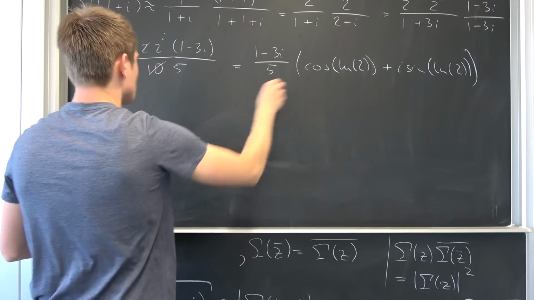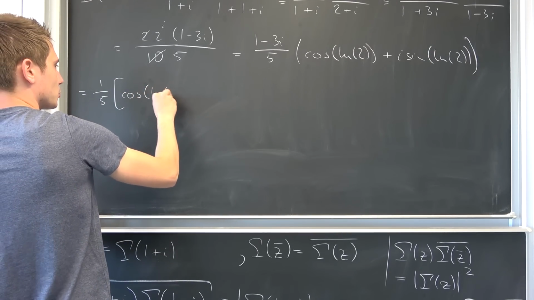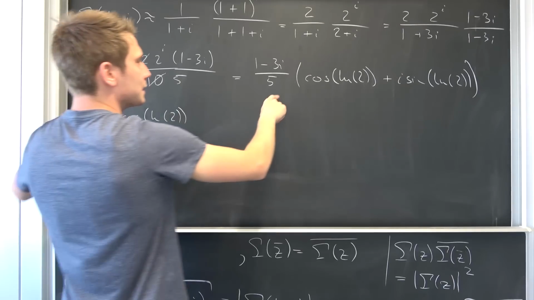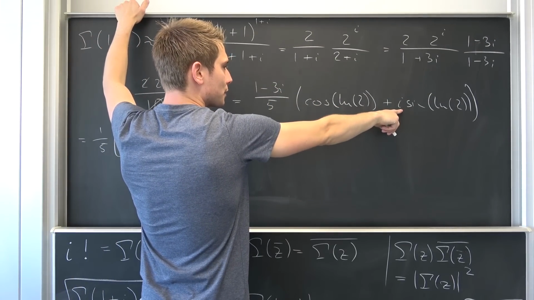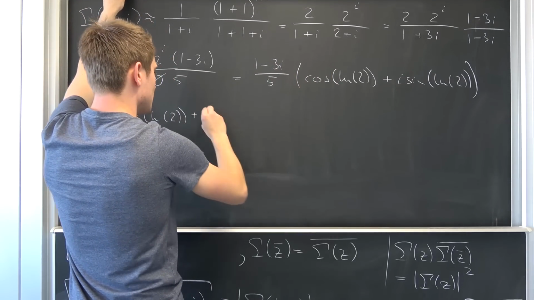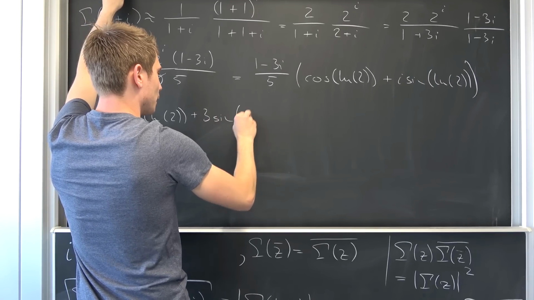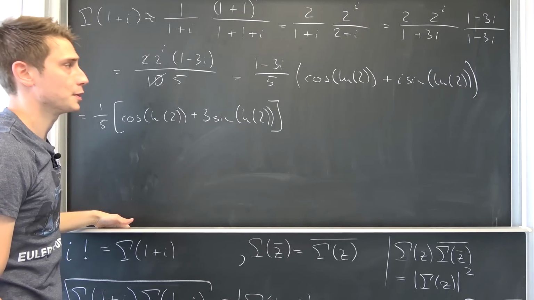We are going to get the cosine, so that's the real part, cosine of natural log of 2. Then this is going to give us negative, and negative is going to become positive, plus 3 times the sine of natural log of 2. This has been the real part.